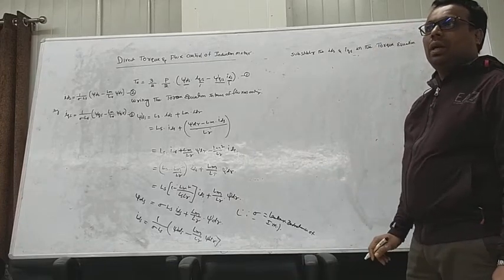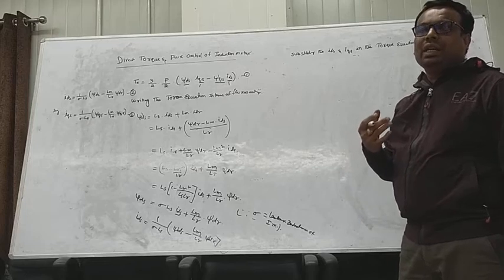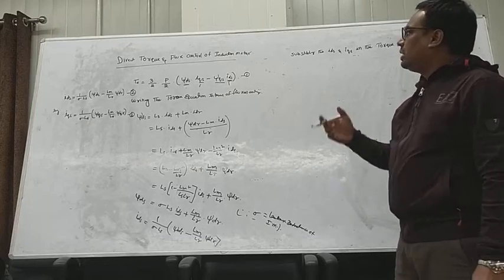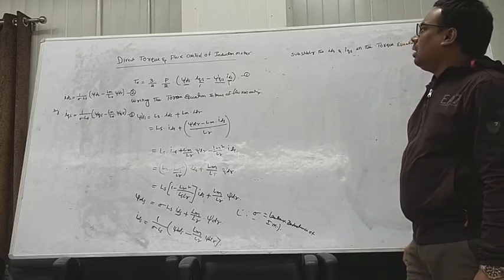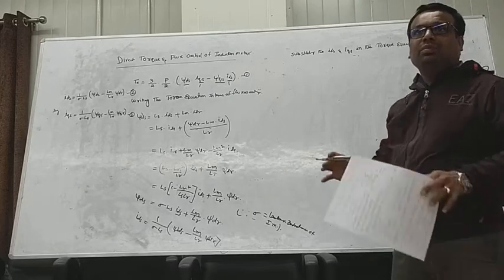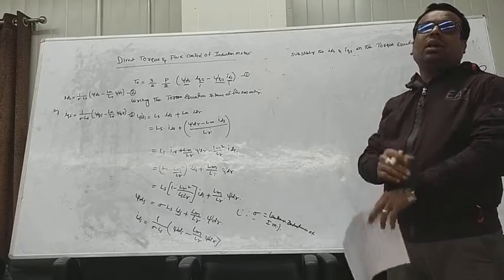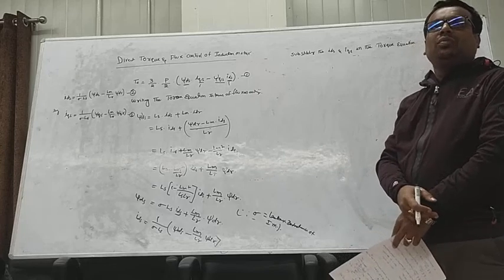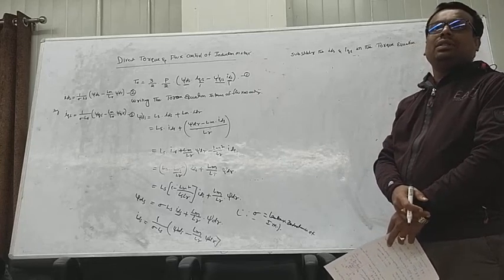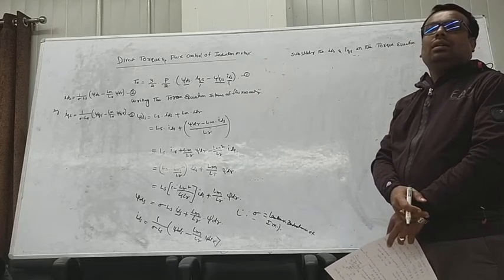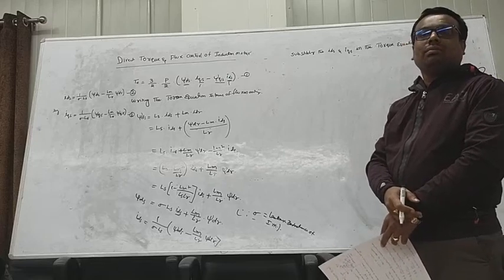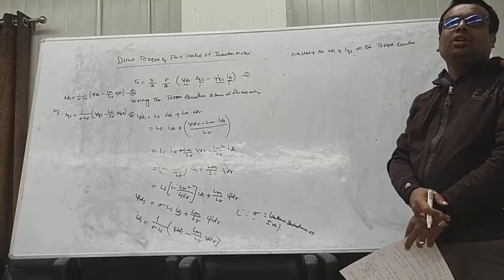First of all, my objective here is direct torque and flux control of induction motor. How do I achieve this objective? To achieve it, first I express the fundamental torque equation in the stationary reference frame in the DQ model.